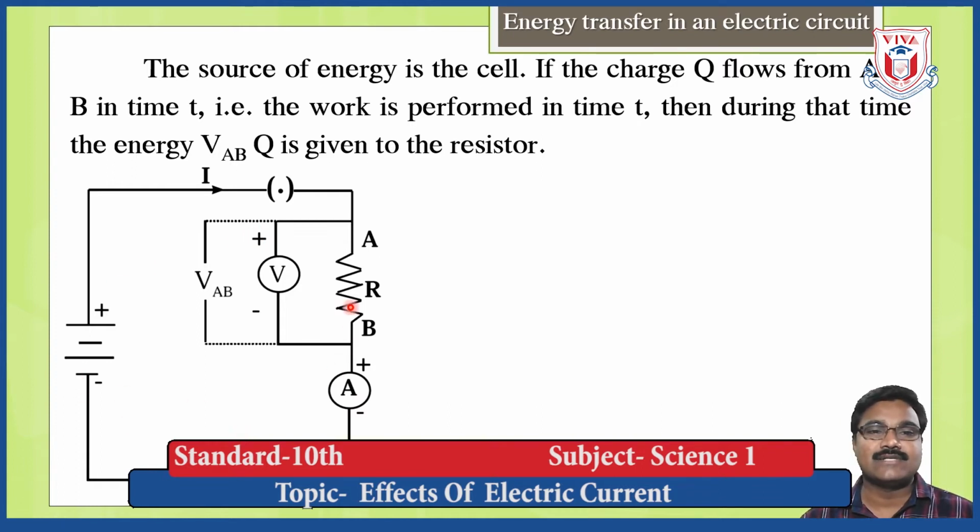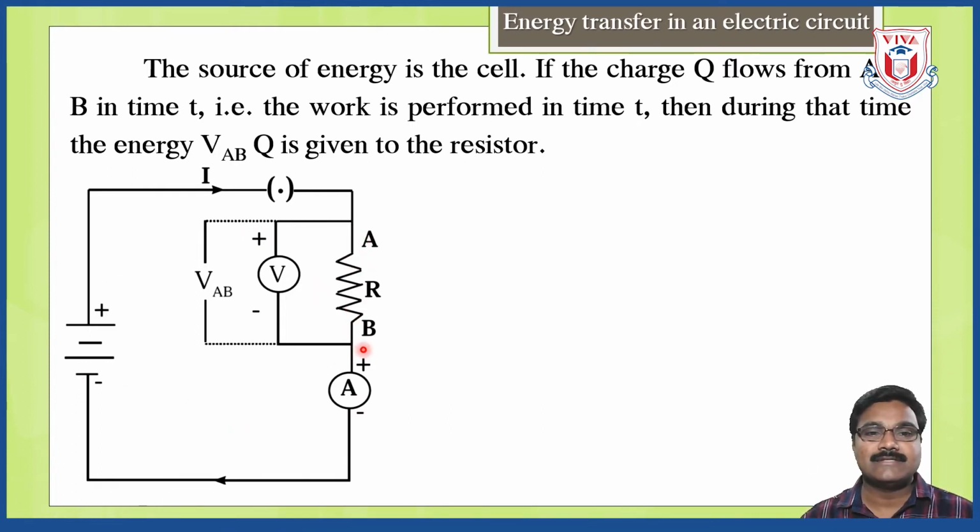In this circuit, suppose R is a resistance which can be replaced by any of our equipment. Suppose there is an electric bulb.